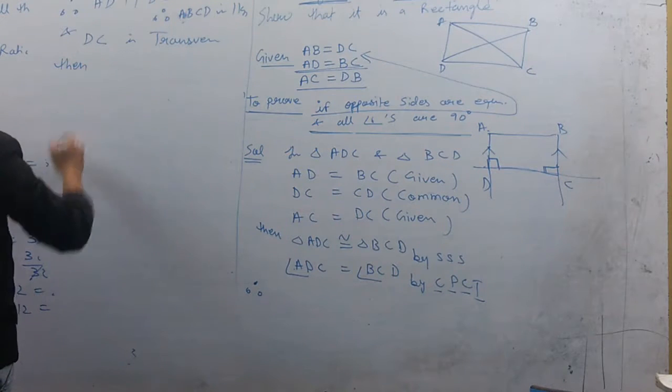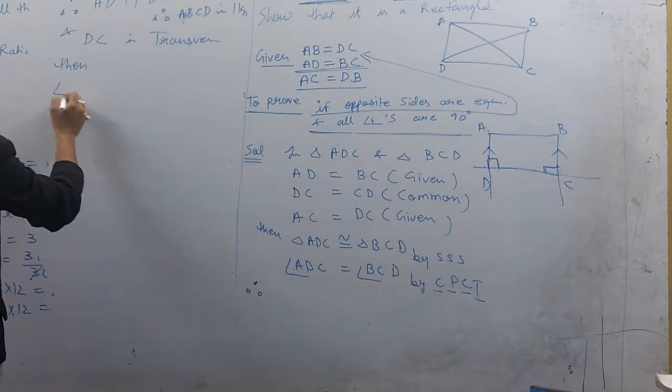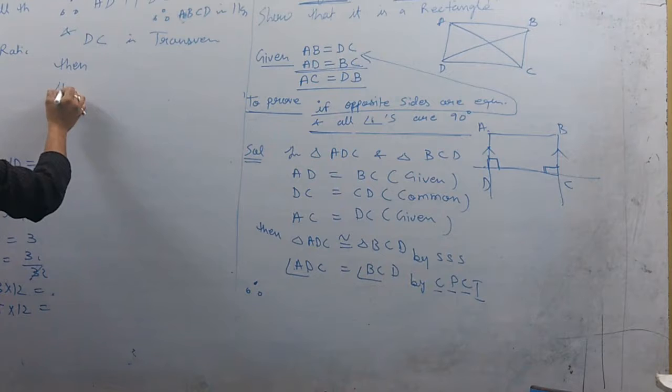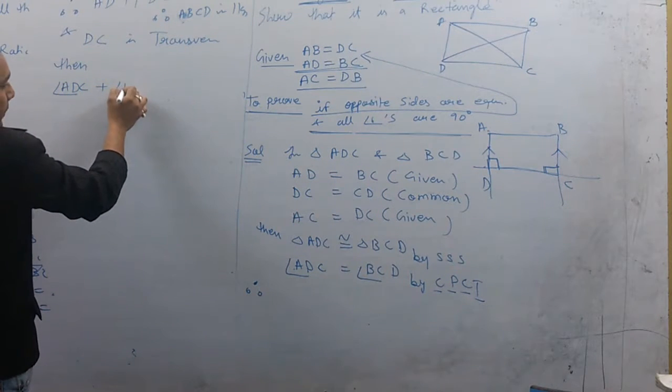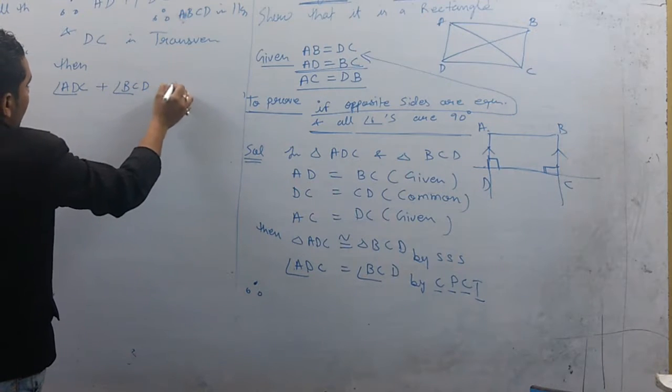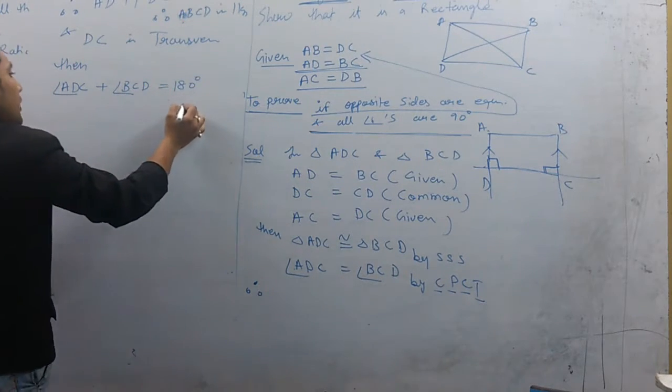Then angle ADC plus angle BCD is equal to 180 degrees.